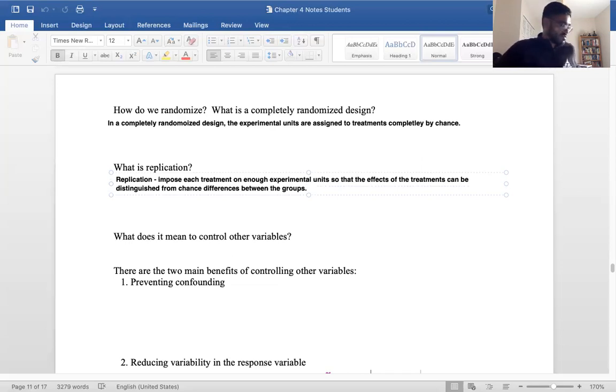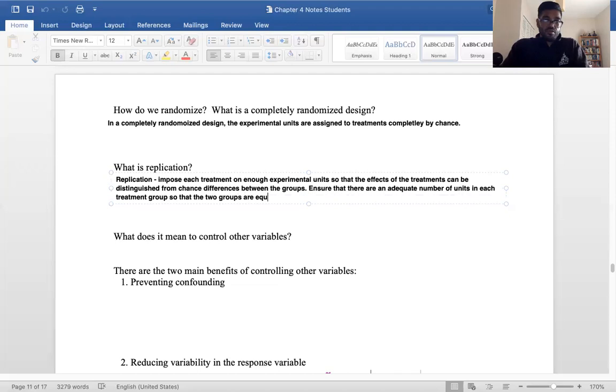It's also called significance. And then you also ensure that there are an adequate number of units in each treatment group so that the two groups are as equivalent as possible.